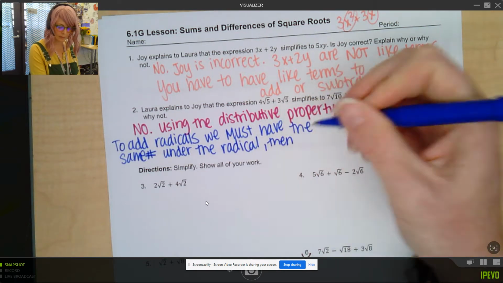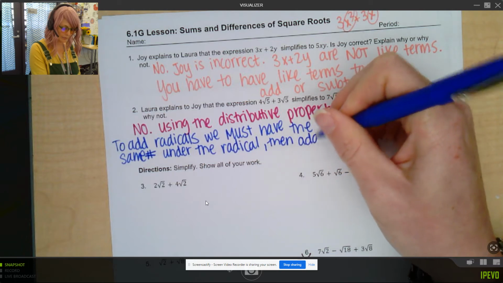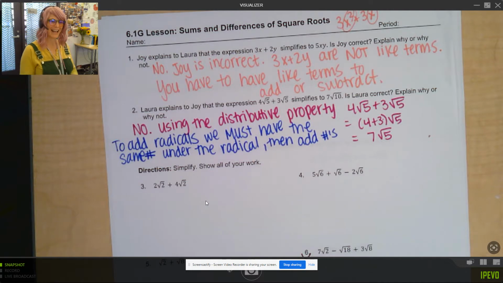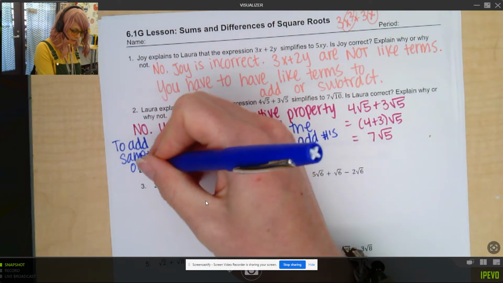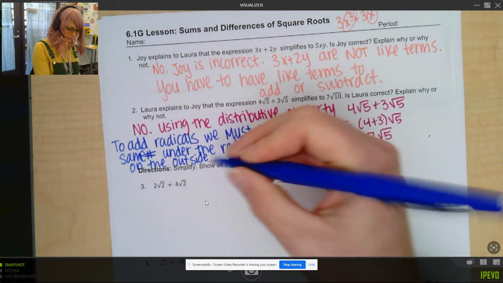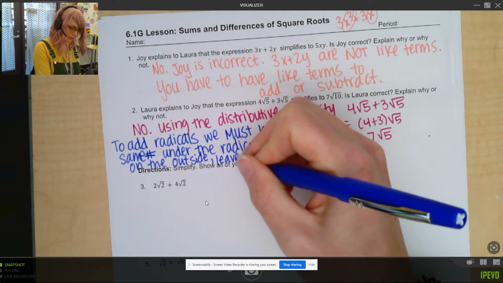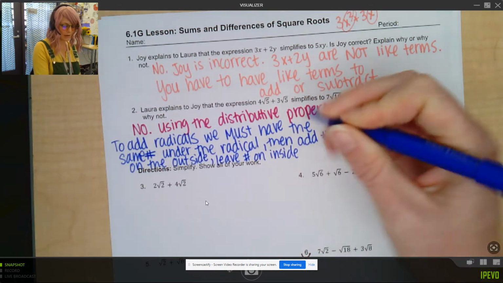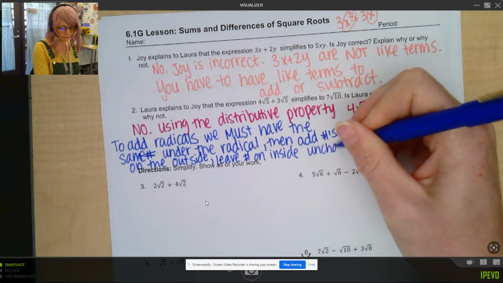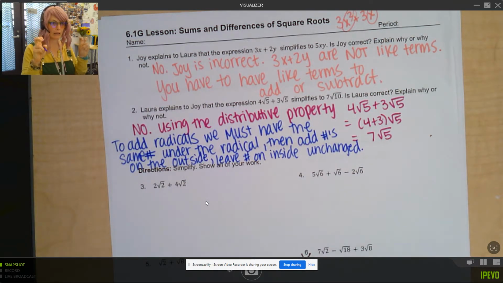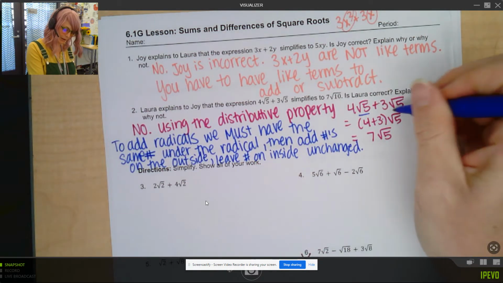Then add numbers. If you're adding, add; if you're subtracting, subtract them. Add numbers on the outside. Leave the number on the inside unchanged. So we can think about this as like terms, or like radicals, because we need to have a like radical.